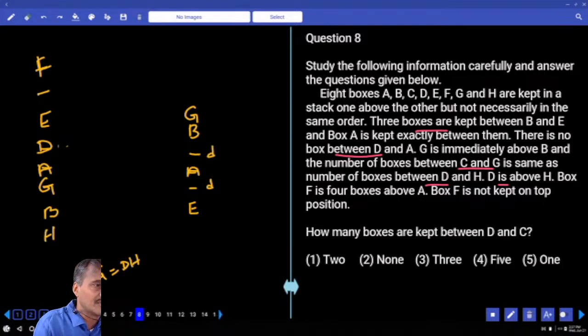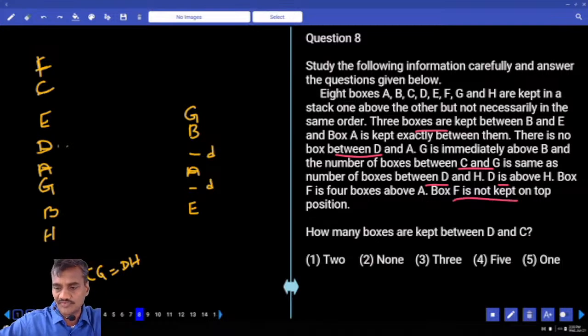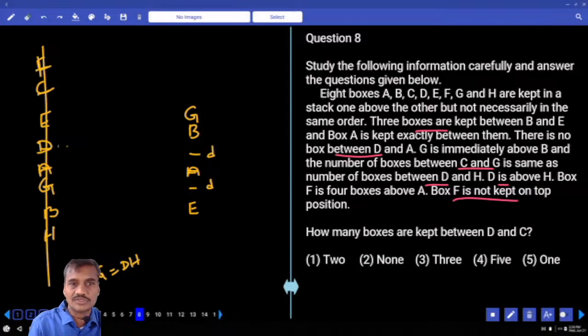Then 1, 2, 3, 4, 5, 6, 7, 8 were fixed. Now D and H there are 3. Now C and G there must be exactly 3. C must be here. Then checking all the information, F is not kept at the top. Now here finally F is kept at the top. This is ruled out. Then we are left with the second case.